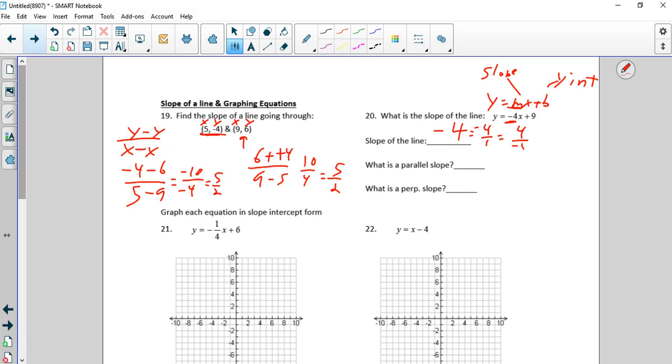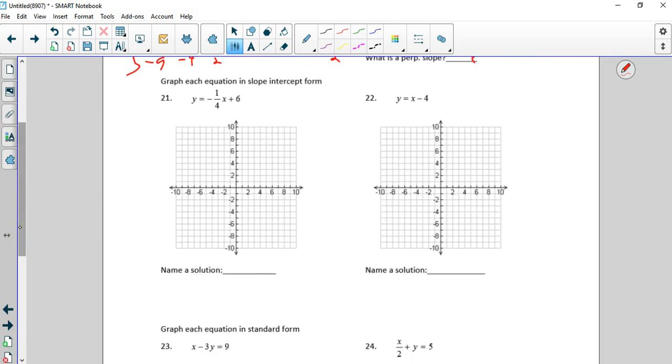And that's important when you're counting to go down 4, right 1, or up 4, left 1. What is parallel to that? -4. What's perpendicular? Well, we have to go from negative to positive, opposite, and then flip it from 4 over 1 to 1 over 4.